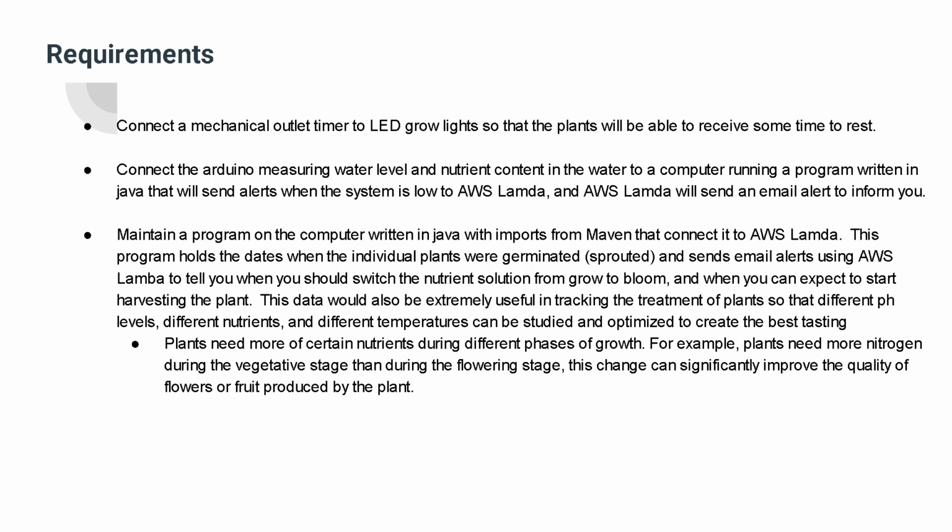And then have a structured program that will keep track of the data on the computer: when you planted the seeds, when you need to change the nutrient solution, and when to switch from grow to bloom solutions. Because plants need more of certain nutrients during different phases of their growth cycle. Like, they might need more nitrogen during the vegetative stage. And so you'd use the grow versus the bloom.